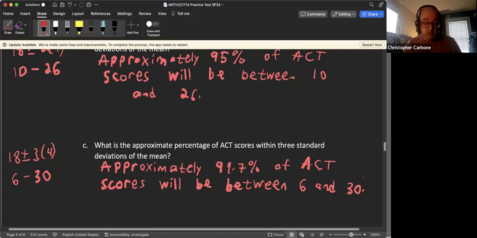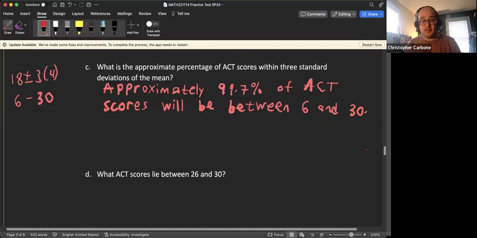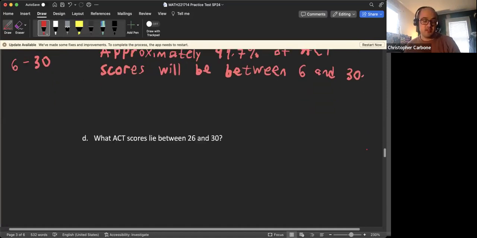My fourth part to this one asks for one of those percentages inside of the empirical rule, this one being between 26 and 30. So for this, it might be helpful to at least glance a little bit at that empirical rule.